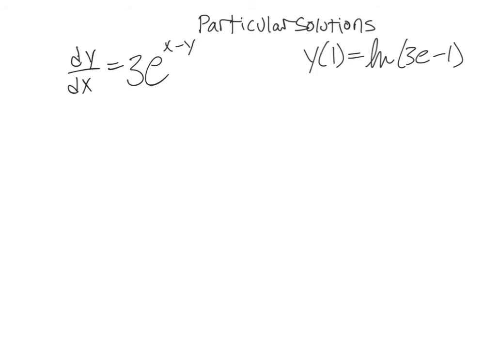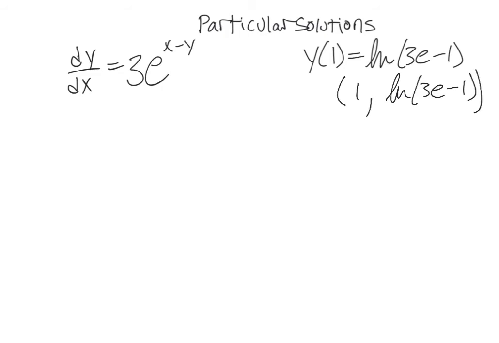All right, I decided to add in a couple examples of particular solutions. That's where we have not just the general solution that we're going for, but we're trying to get a specific value. So here we're told that y of 1 is equal to ln of 3e minus 1. So we have the point 1 comma ln of 3e minus 1.